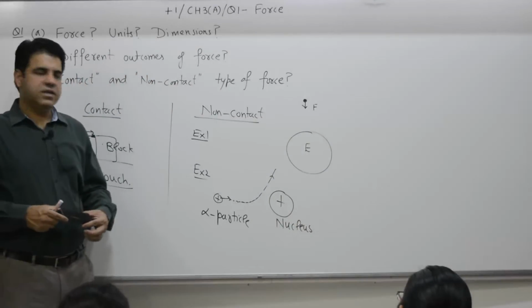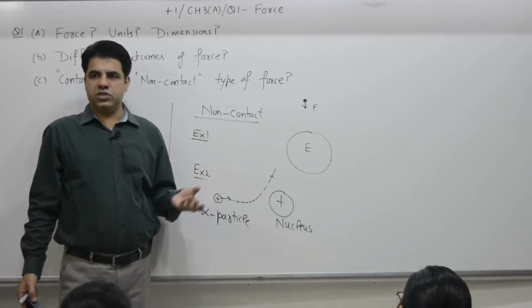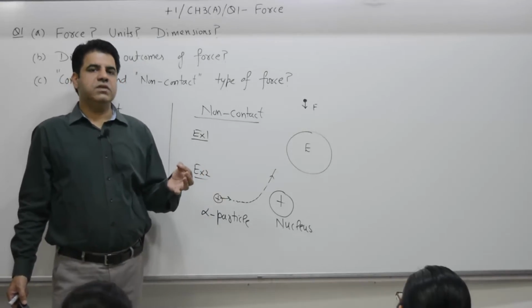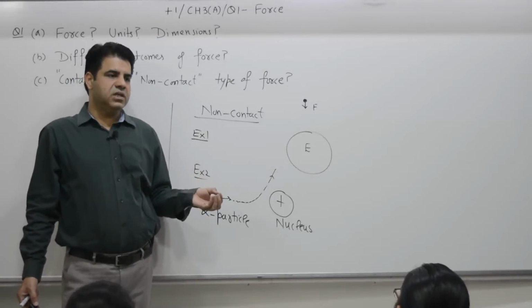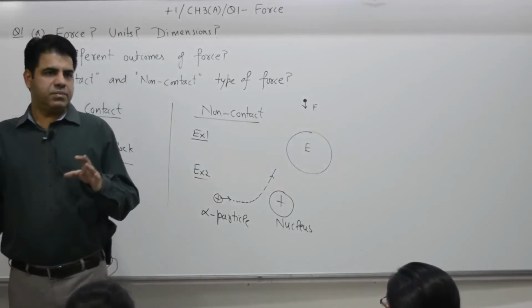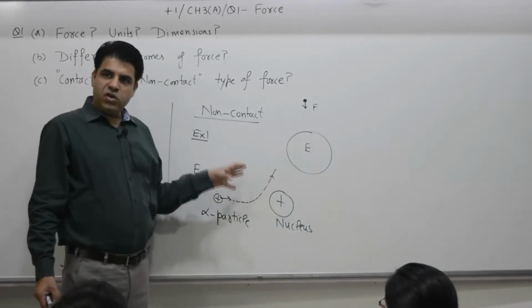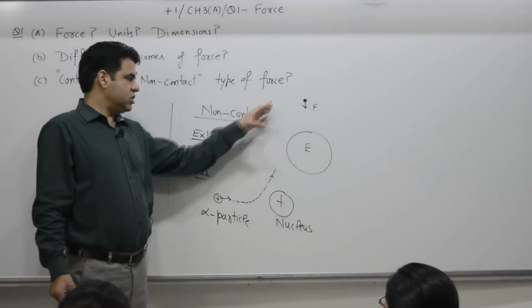It is deflected because it is under a constant force of repulsion, the electric force between two positive charges. A positive charge repels another positive charge, to be discussed in detail in +2, chapter number 1. So these are examples of non-contact, where touch is not required.